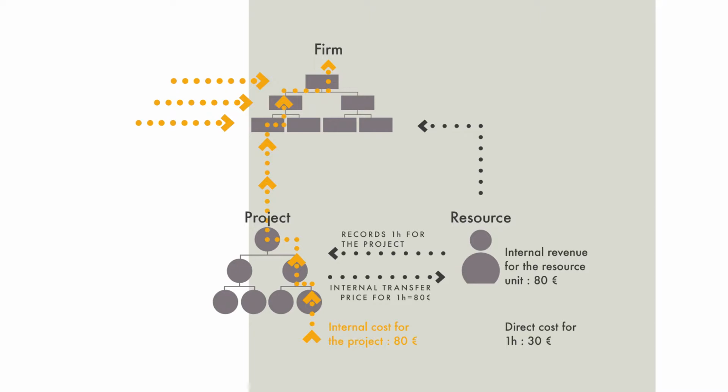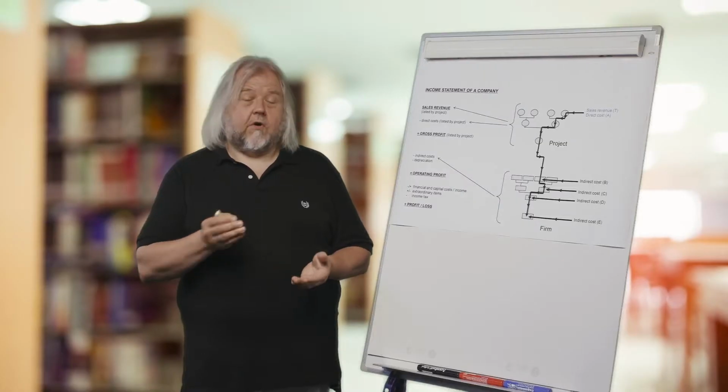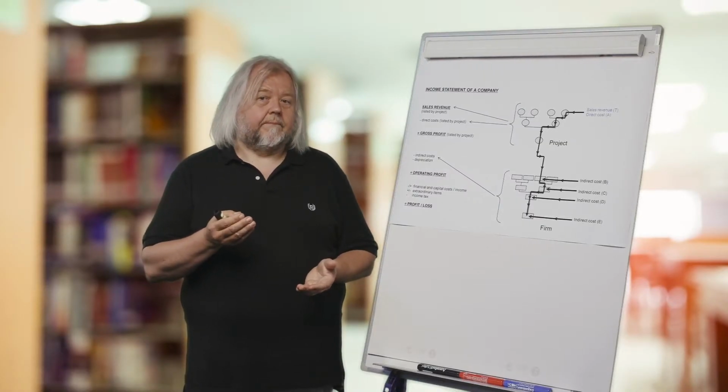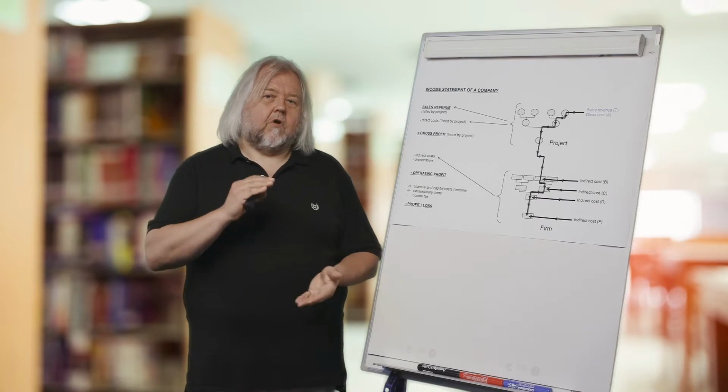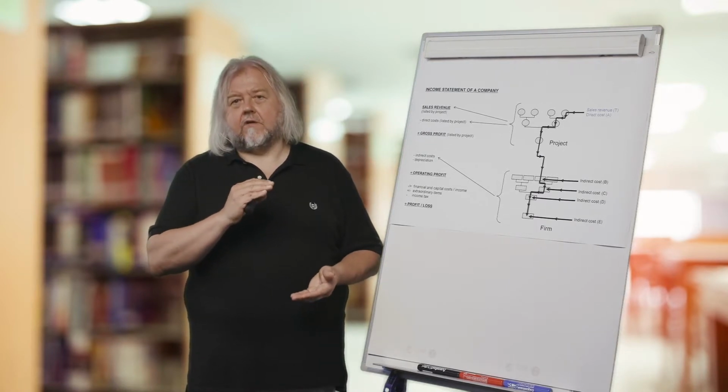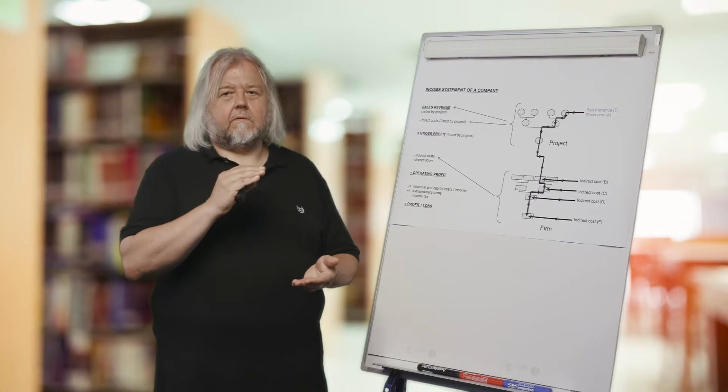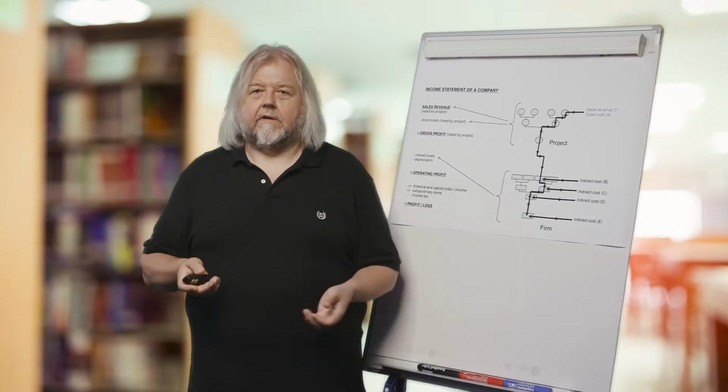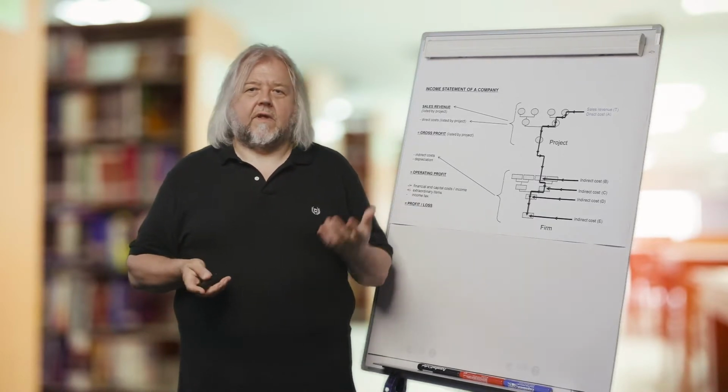So maybe we pay the person 20 euros, and then there are obligatory insurance costs and summer holiday salaries and so on that are included in this direct cost. Of course, if we would calculate the man-hour cost with indirect costs, that would be a lot higher, maybe even 100 euros or close to that.